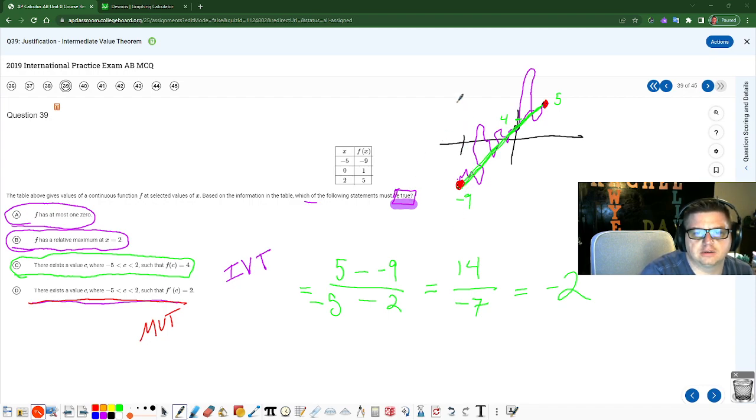Is that right? Oh, I did that wrong. I was like, wait a minute, that's not a negative slope at all. So y2 minus y1 over x2 minus x1, and that becomes a positive 2.